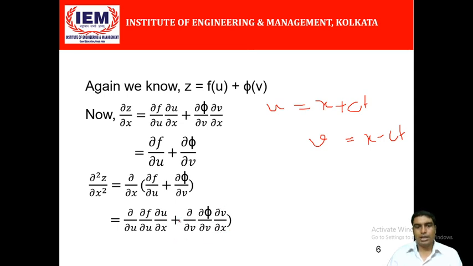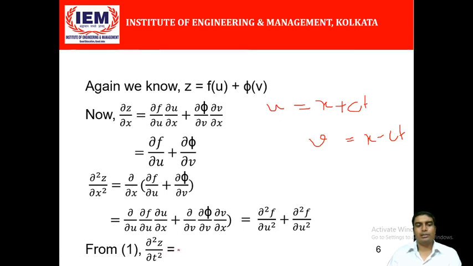I know this ∂u/∂x and ∂v/∂x equal to 1, and this is equal to ∂²f/∂u² and ∂²φ/∂v². From equation number 1 on the previous slide I can get ∂²z/∂t² equal to c² times ∂²z/∂x².